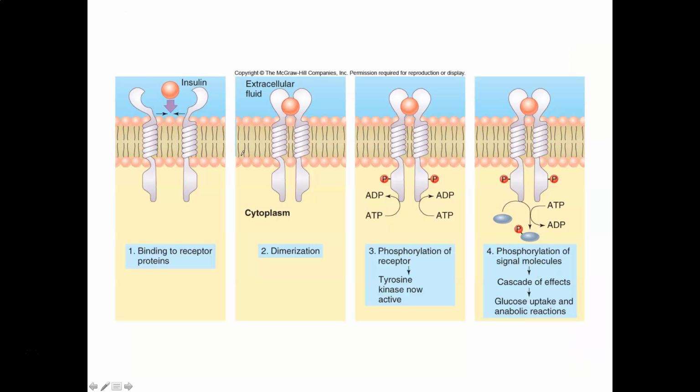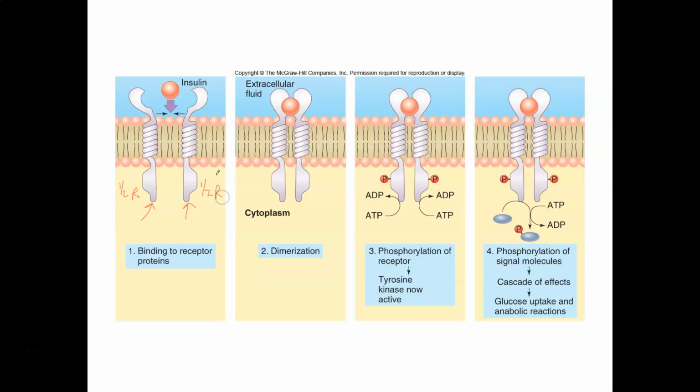So what's really happening in this particular mechanism? In the plasma membrane, the receptor starts out as two separate pieces. This is one half of the receptor here, and this is the other half over here.